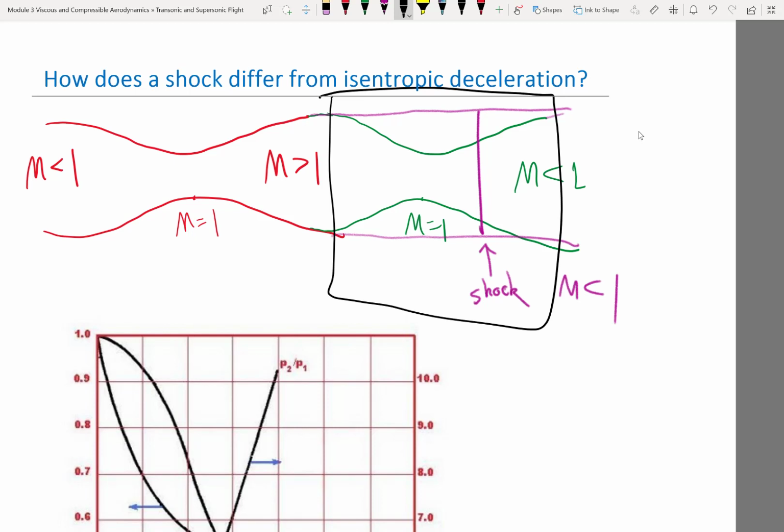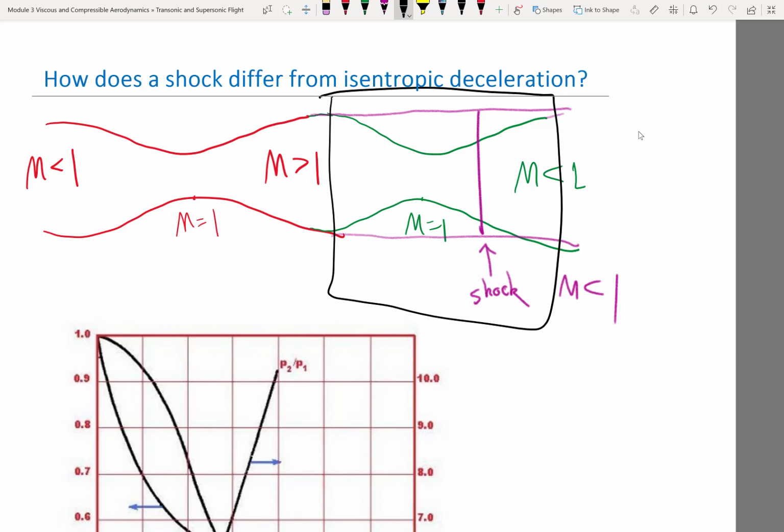It doesn't differ from the influx of energy from the upstream, right? So basically, up to now, no matter if we consider conservation of mass or conservation of energy, it is perfectly reasonable to say that no matter if the deceleration is through a shock or through a converging-diverging nozzle, the outflow quantities could have been exactly the same. All right? Because the conservation of mass and energy equations are the same.